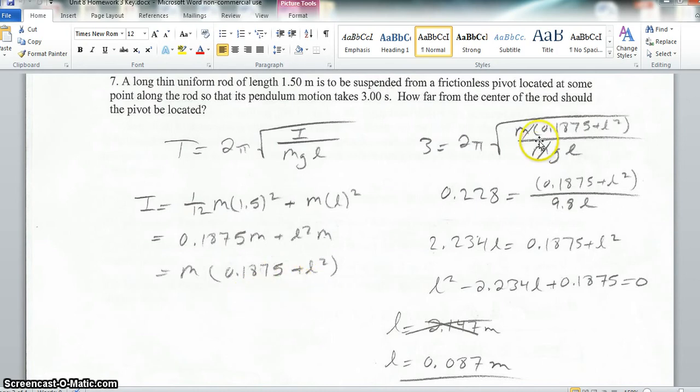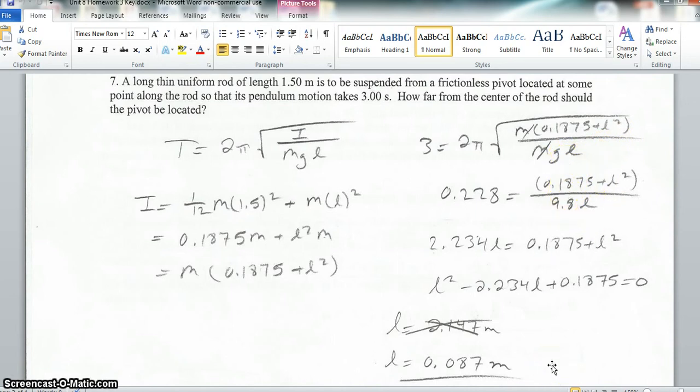Then I substituted that into my equation up above, and at this point I let the algebra take over. My period equals 2 pi times the square root of m times that moment of inertia, divided by mgl. The whole point of factoring the mass out is that it can now cancel out. So I end up with the remaining part of the moment of inertia on top, 0.1875 plus L squared, divided by g times L.